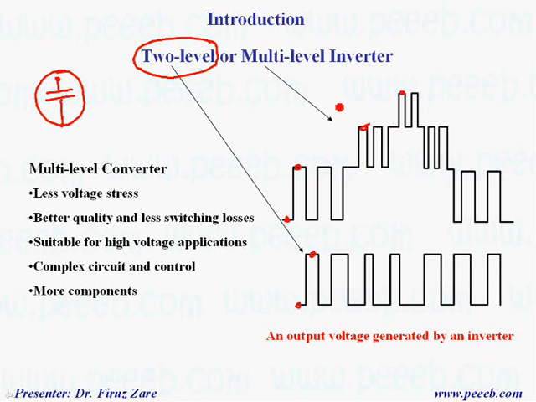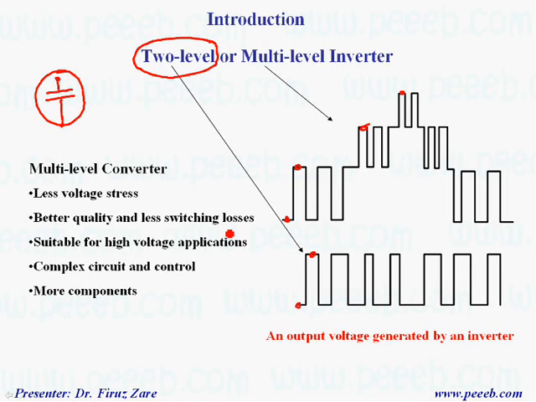So what are the advantages? The advantage is that we have less voltage stress across the load. For the same voltage rating, we may get less voltage stress. And because the output voltage changes step by step, we can improve the quality and also get less switching losses.